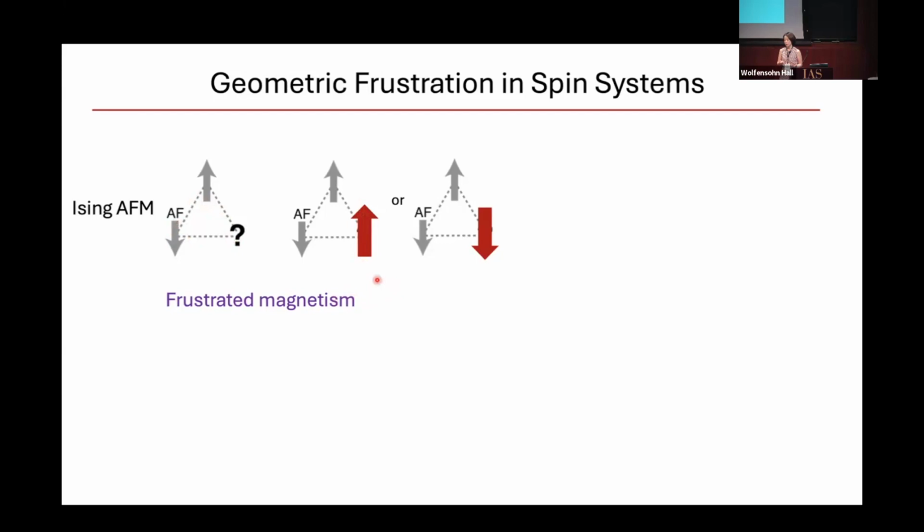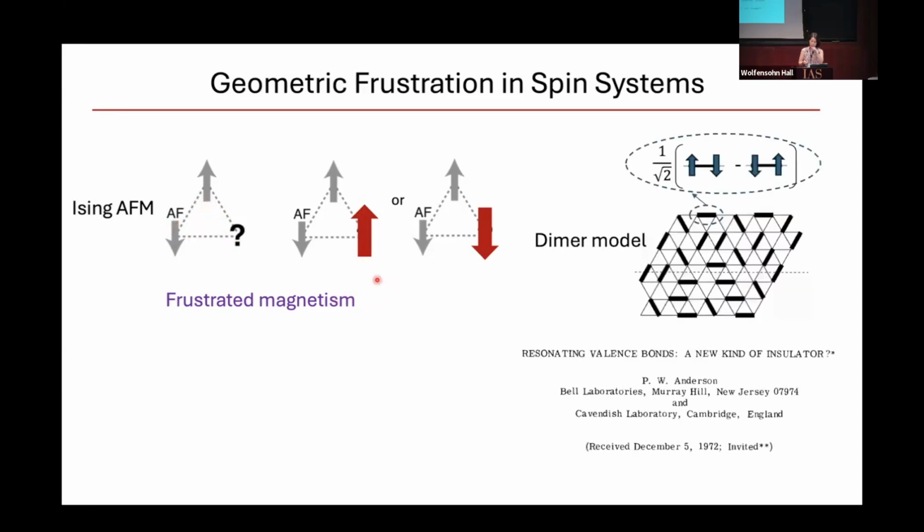You might say it's frustrated, and both options are equally unhappy or equally happy. So there's a degeneracy. Now you take this to a little richer setting, and you get to the dimer model, where you can think of these sticks or dimers as a singlet. Then you can connect it back to physical systems with spin singlets. But often people also just think about these as dimers.